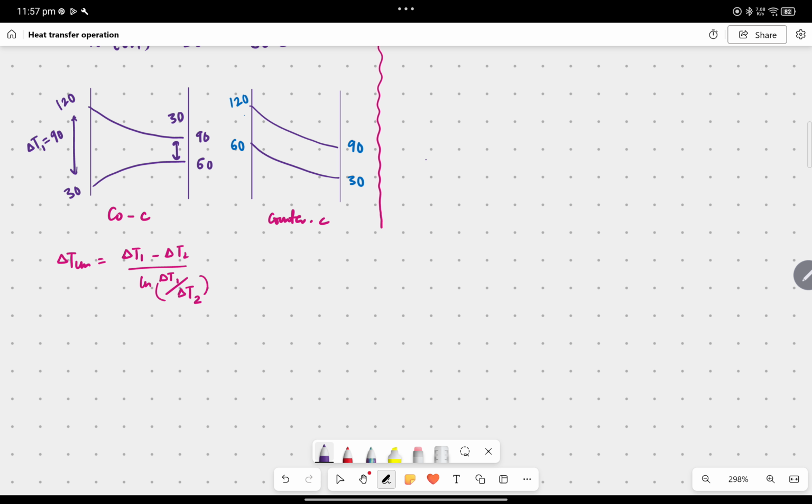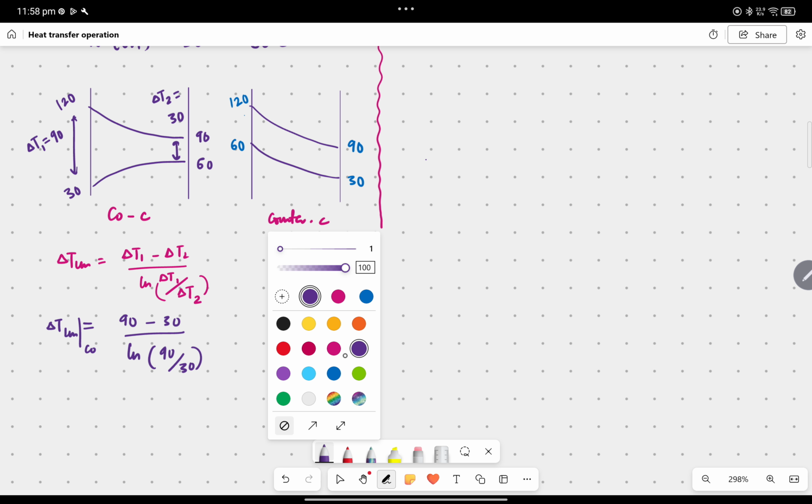So we put that in the formula for delta TLM for co-current: 90 minus 30 divided by ln 90 by 30.